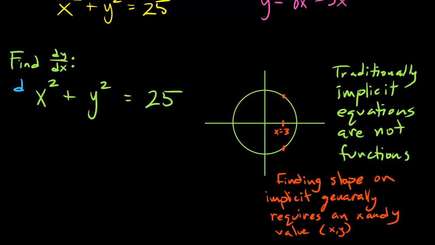So what you usually will do is write notation around the whole equation with d dx. And that's going to be the notation that says you're taking the derivative. And you're going to be taking the derivative of each term.